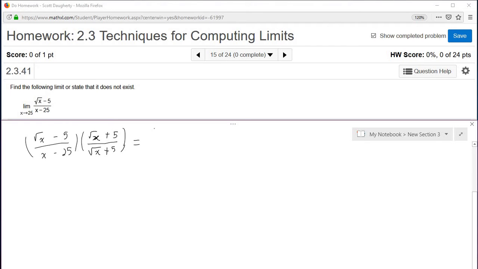Okay, so I'm just going to FOIL the top out. So we're going to take first, outer, inner, last. The first would be square root of x times the square root of x, and that's just equal to x. Then the outer would be square root of x times 5, so 5 times the square root of x.